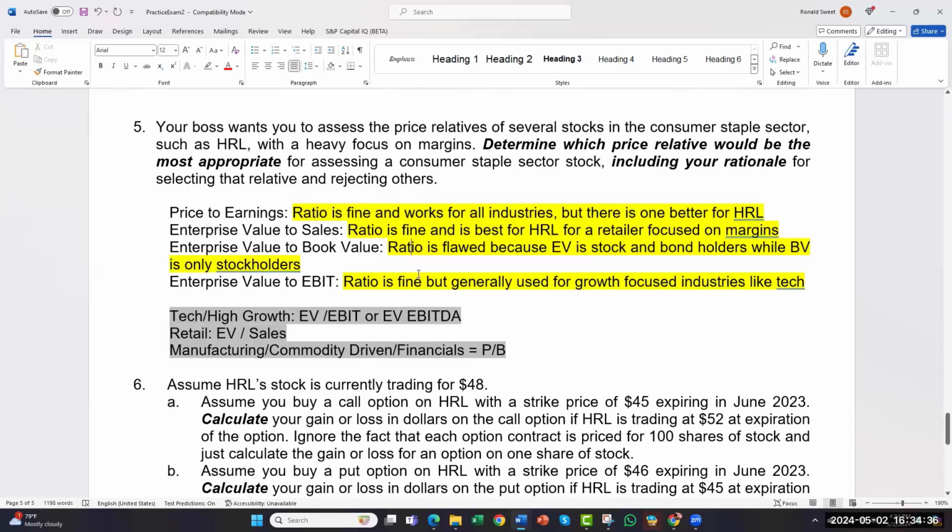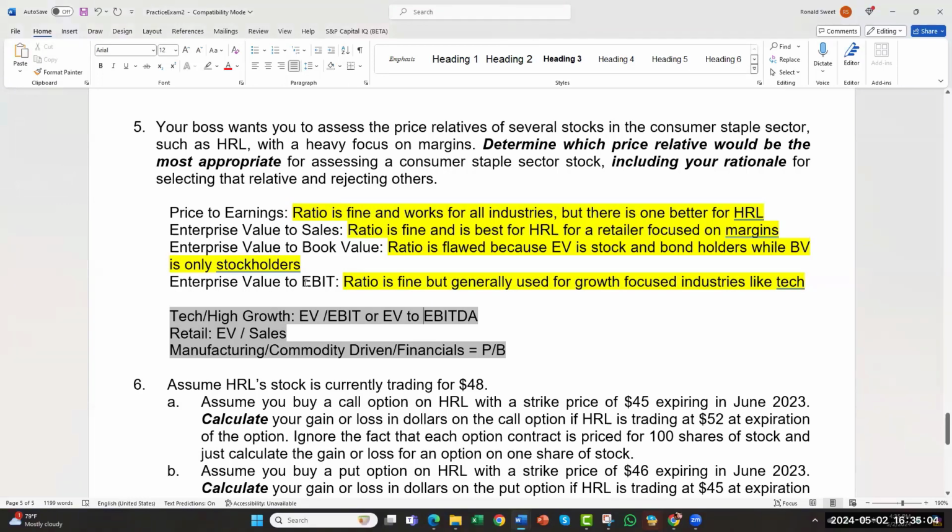Yeah, I had a quick question. Isn't price to earnings best for the tech high growth, or is it for all of them? Yeah, you could include price to earnings, but in practice, tech people are overwhelmingly EV to EBITDA. So you could say price to earnings is fine, works for all industries, and is particularly good for tech companies.